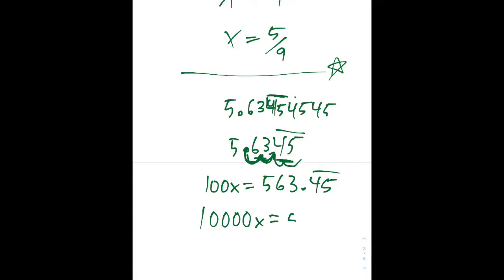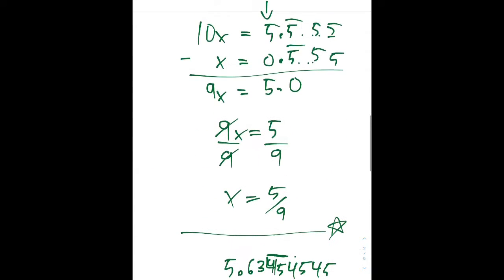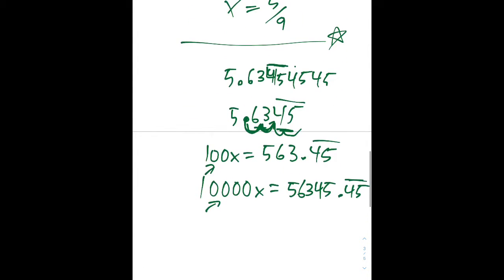That would move this over the decimal 5, 6, 3, 4, 5, and then we get our repeating decimals over here. So in this case, I've got more zeros in there than I did in the previous example, but that's just because the repetition happens further to the right, further on down the line.